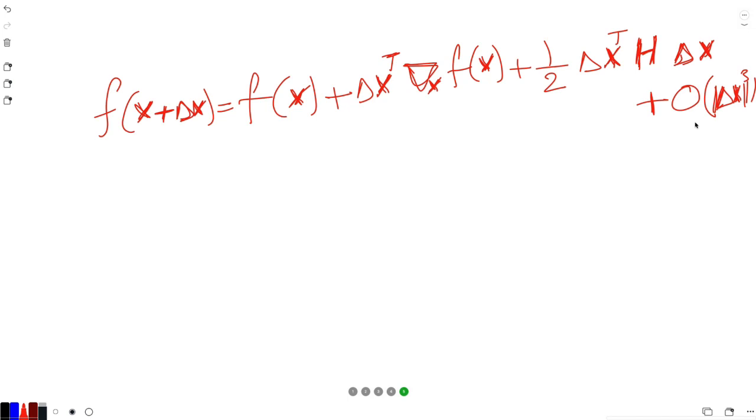So now we have a more accurate representation of the expansion of the cost function, or the error function, around x by including the Hessian matrix.